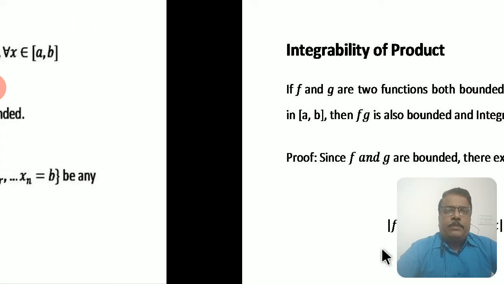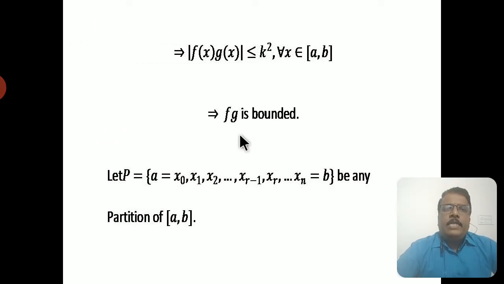Now taking the product, multiply those two, f and g.